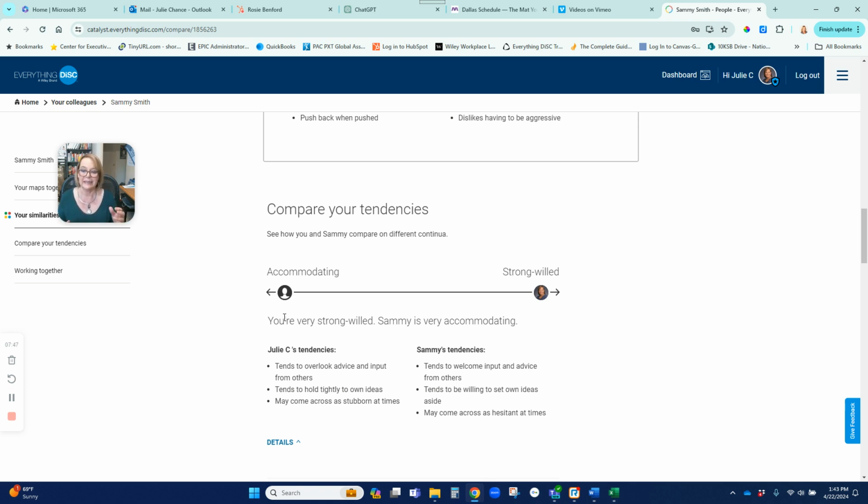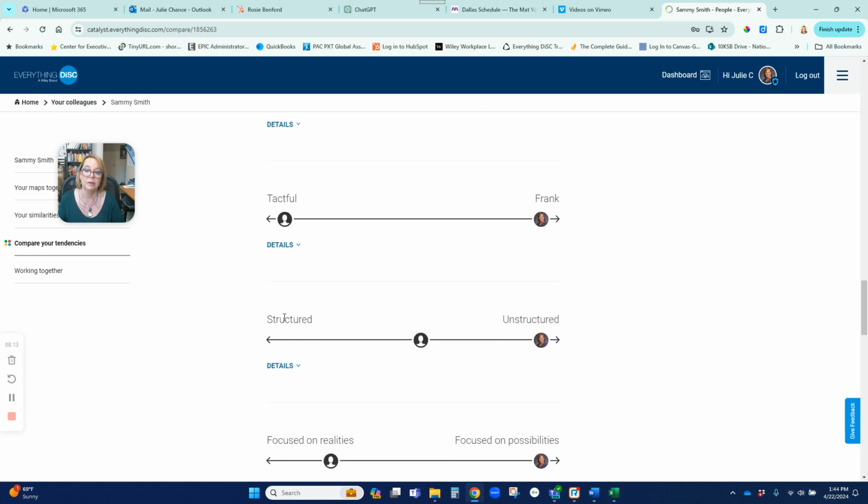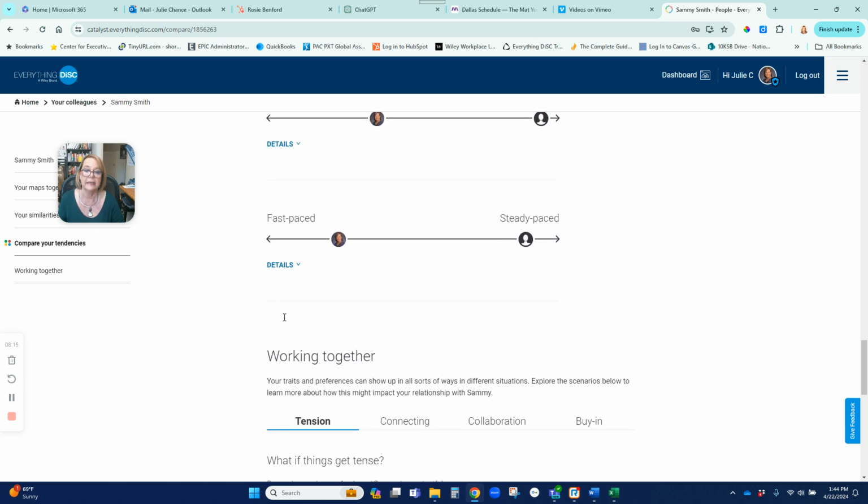And maybe he needs to step out of his comfort zone a little bit and do that. And at the same time, I need to recognize that my ideas aren't always the best ideas and be willing to set aside my ideas and listen. So that understanding of where we're coming from and how far apart we are on that continuum can really help improve our working relationship.